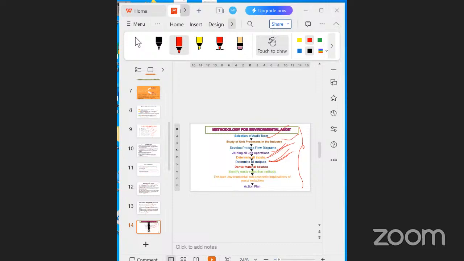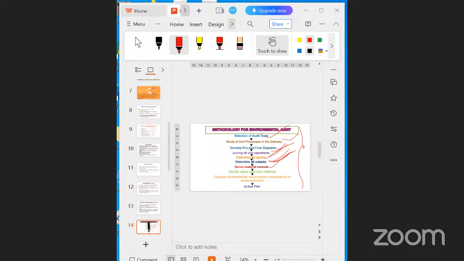Then next, we derive the material balance, or we can say the mass balance, right? So from here, we will find out the efficiency of the industry, that is, how much raw material is converted into product and how much raw material is going as waste, right?